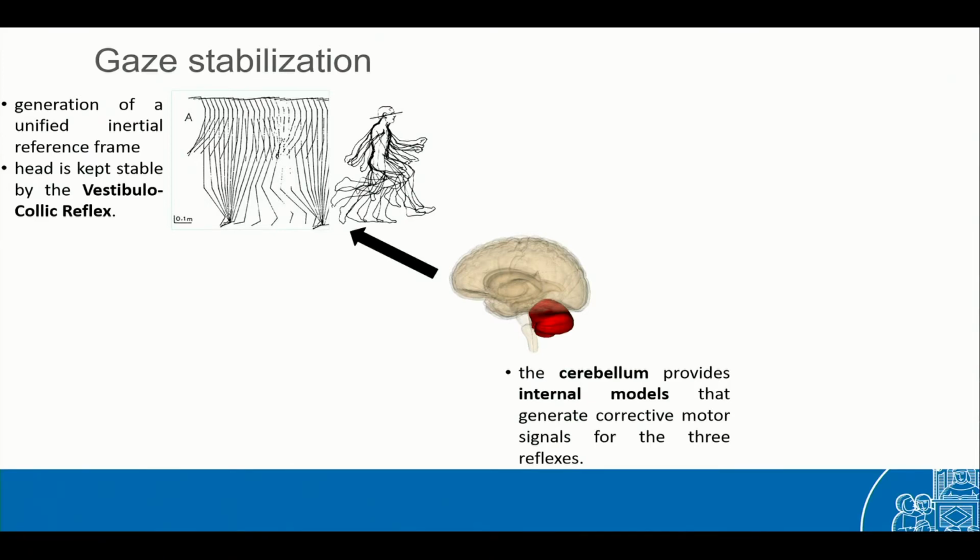So you have both what is called the linear vestibulocollic reflex and the angular vestibulocollic reflex, according to whether you are counteracting the angular position, or you want to stabilize with respect to the translation that the head is subject to.